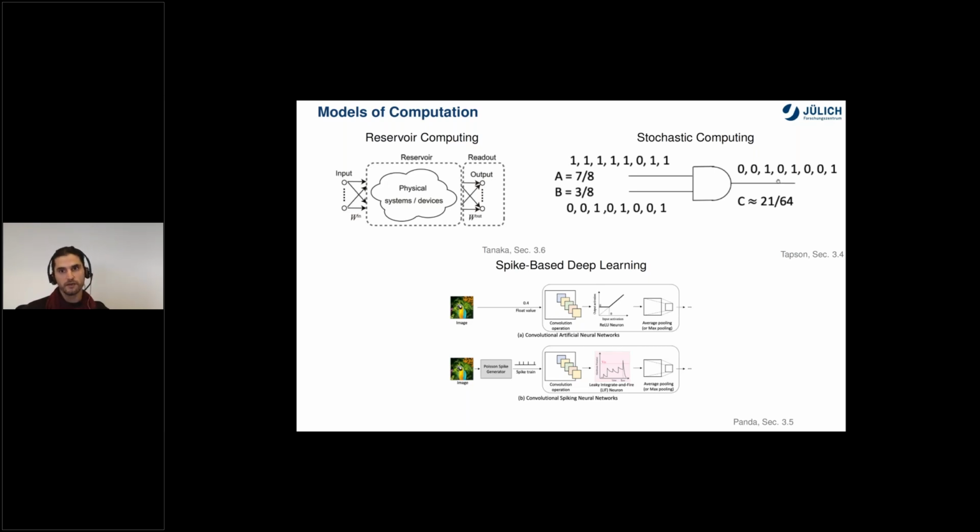This is one way of doing stochastic computing. There are several other ways of doing it, which you can relate to probabilistic inference. And we know that brains are, at least to some extent, doing some approximate probabilistic inference.